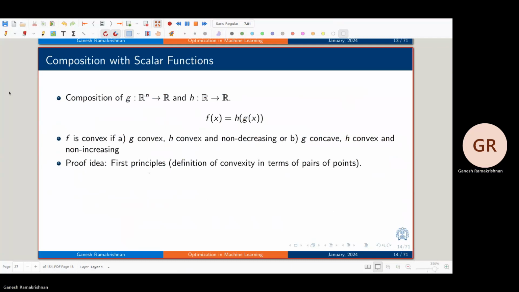Or the other option is concave g, and you also need h to be convex. So h remains convex in both cases, but in the second case, h becomes non-increasing, a relaxed version of decreasing.